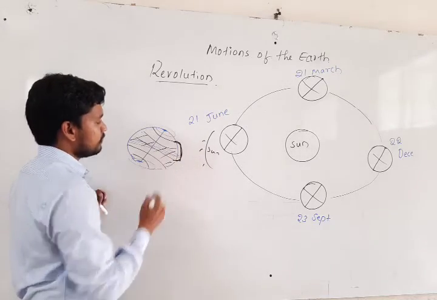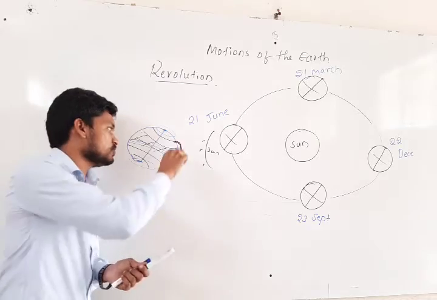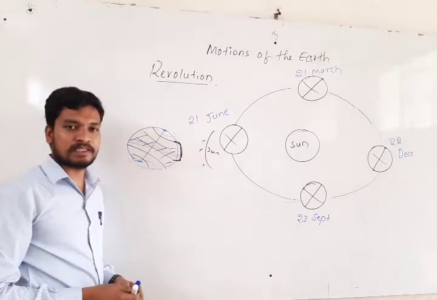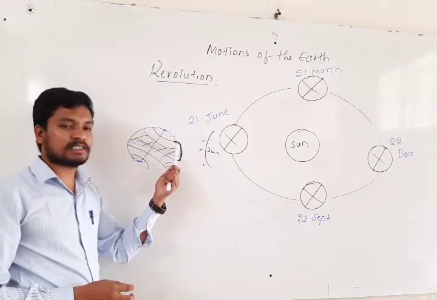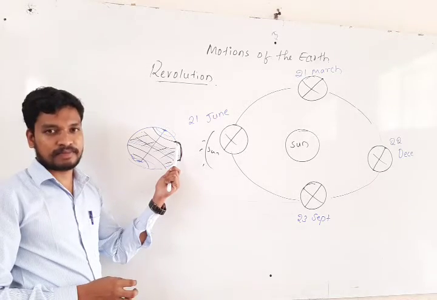Along with the torrid zone, the temperate zone also receives direct sunlight here. For that reason we experience summer.